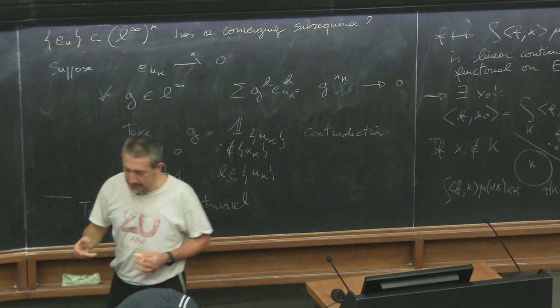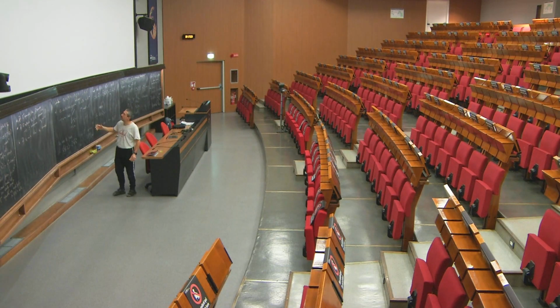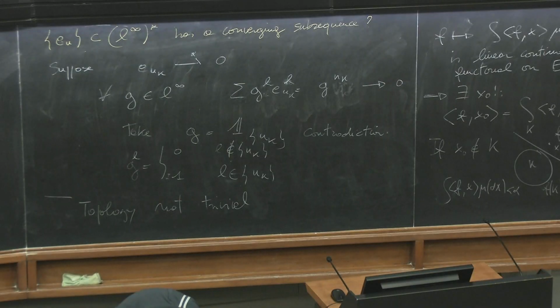Okay, let's do another exercise just to end this part. Let's show that the property that I stated here, that you have a sequence which converges weakly to 0 with norm 1, is general. This will be the last. So I stated the exercise with a hypothesis lacking.